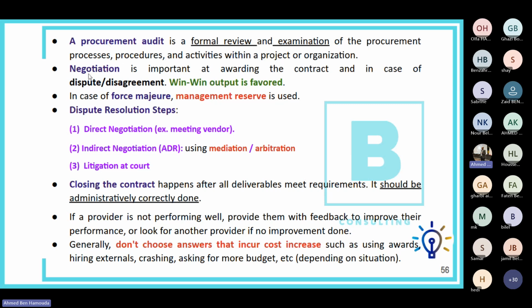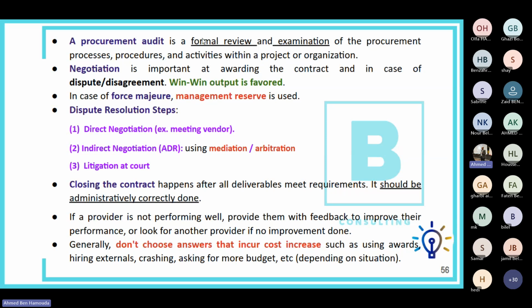In procurement management, it's very important to negotiate during the contract awarding phase. And negotiation can also be important in case of any dispute or disagreement, because negotiation is a form of face-to-face communication. Always think of a win-win outcome. Don't try to get all the advantage just for yourself, so don't pull too much towards yourself or towards the project. Consider also the interests of the other contracting party.